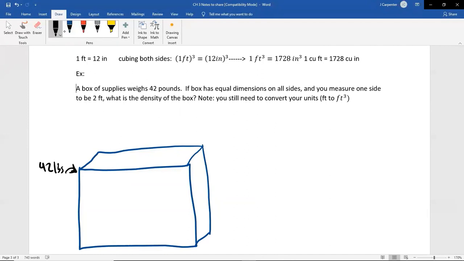Now this box has equal dimensions, and we get out our measuring tape and we measure one side to be 2 feet. So if you go from end to end, from here to here, that height would be 2 feet. Or you could go from end to end horizontally, and this width would be 2 feet.